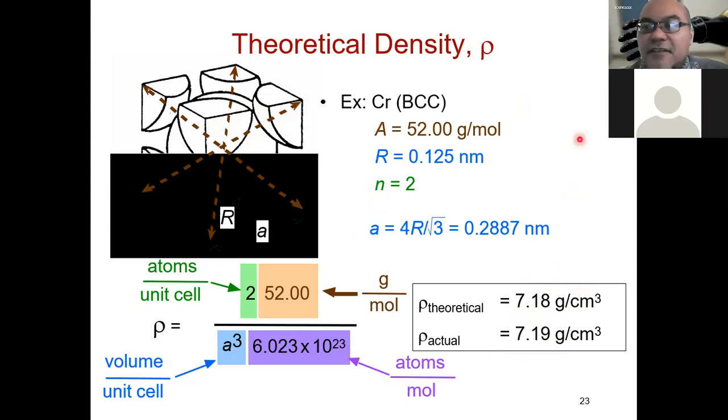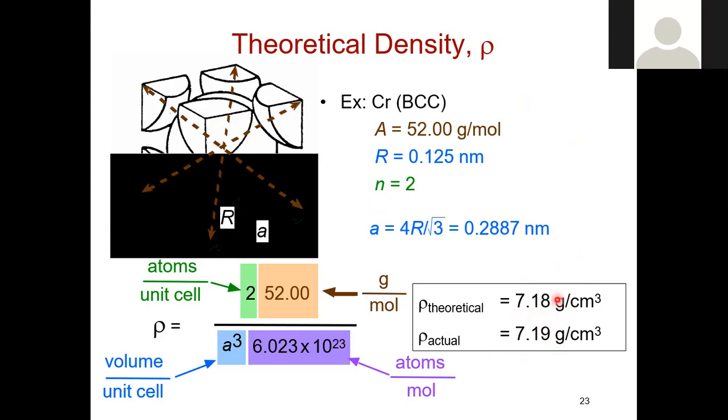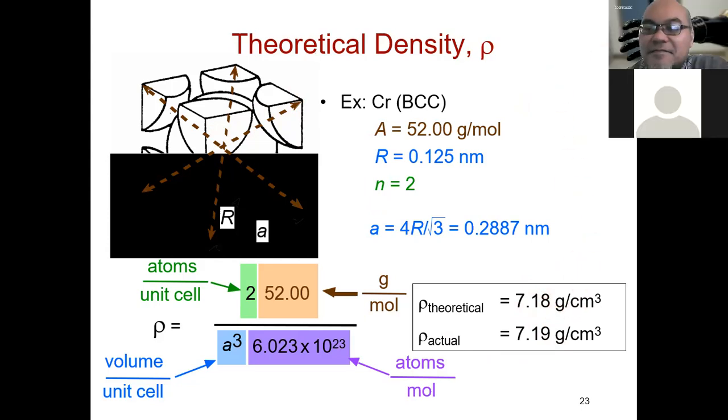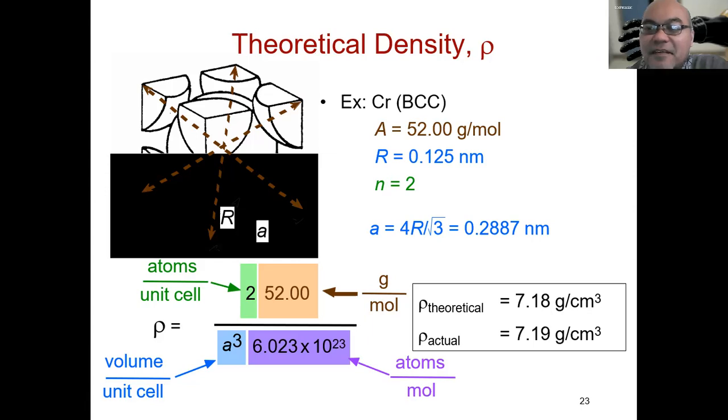Can you explain why? Anyone? Any idea why the actual density is slightly different compared to theoretical density? Anyone? Okay, if no answer, then I will not give the answer. So you have to find yourself. It might come out during quiz or final exam. Okay.